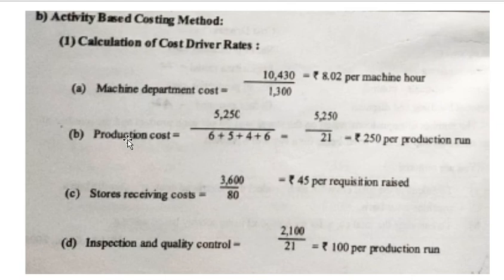So 5,250 is your total production cost, divided by the cost driver given for production cost, which is the number of production runs. Please look into your cost driver.